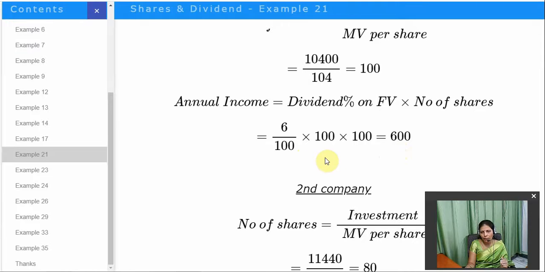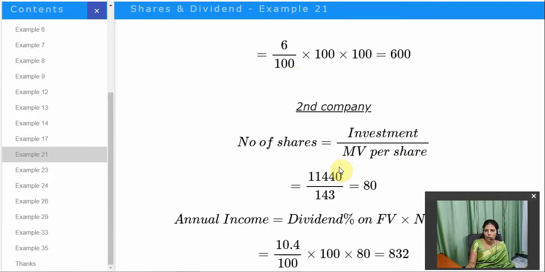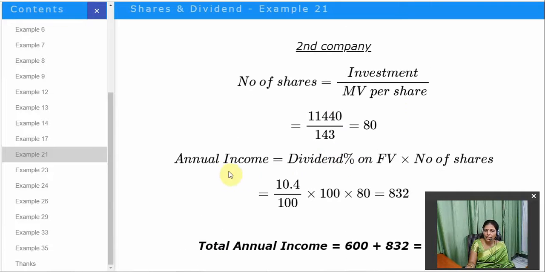Now the same calculations you need to do for the second company also. To find the annual income you should know the number of shares. So first you need to find the number of shares of the second company. Number of shares is equal to investment by market value per share. So this is the investment he is making in the second company divided by the market value per share, 143.